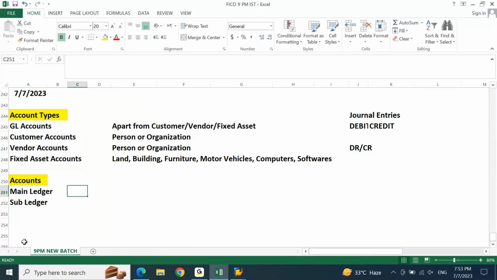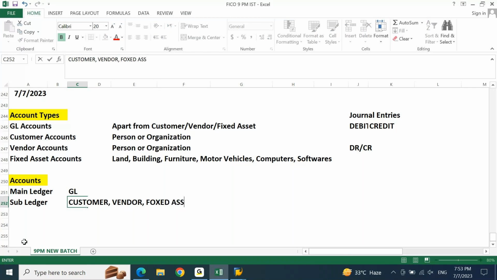What is main ledger? GL. GL is main ledger. What are the subledgers? Customer, vendor, and fixed assets. These are classified as subledgers.